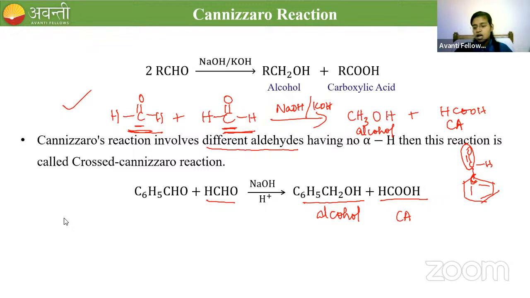Now, how can we convert the aromatic aldehyde to alcohol? Won't it get oxidized? It has to get reduced, or it can get oxidized also. Any idea, do you guys have?